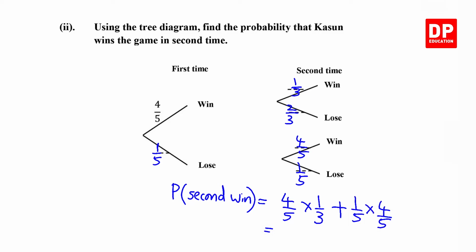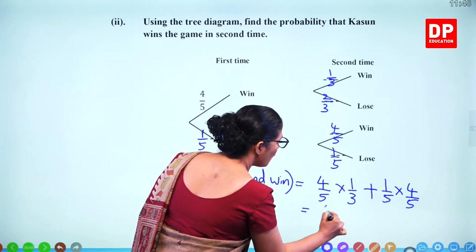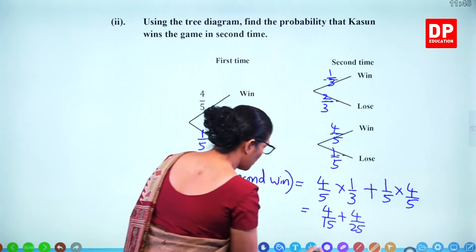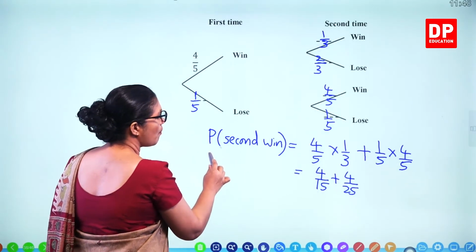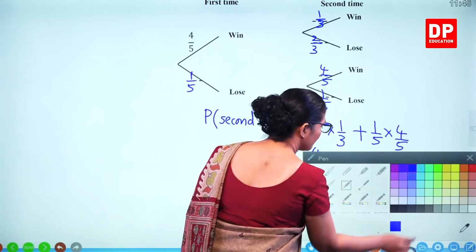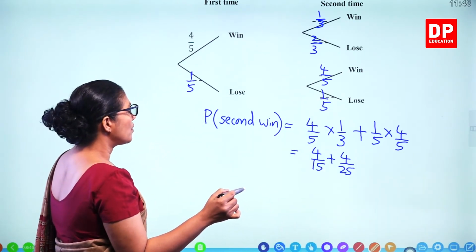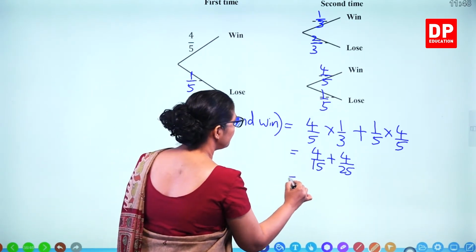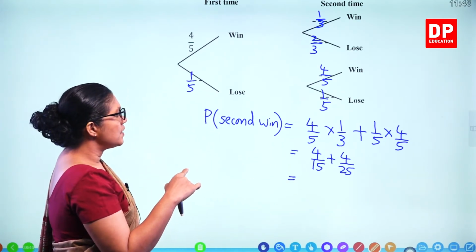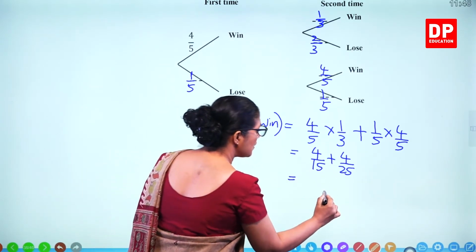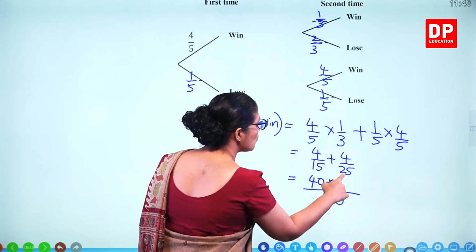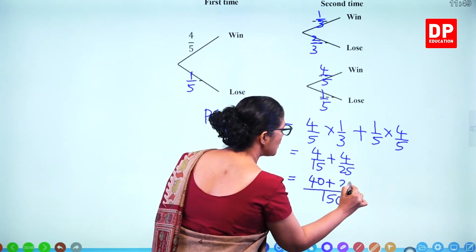So you get 4 over 15 plus 4 over 25. So what's the common one? 15 and 25, what's the common one? So we have to take 150 as the common denominator. So 10 times 4, 40. This is 25 times 6. 6 times 4, 24.